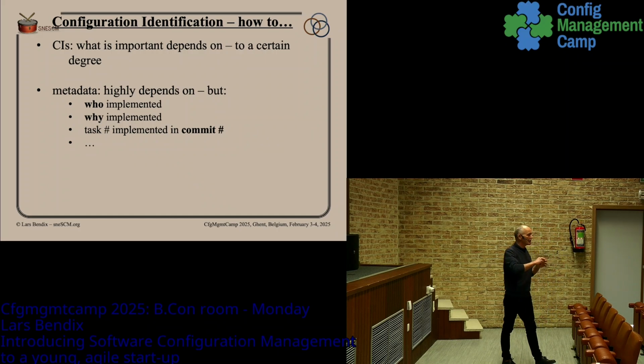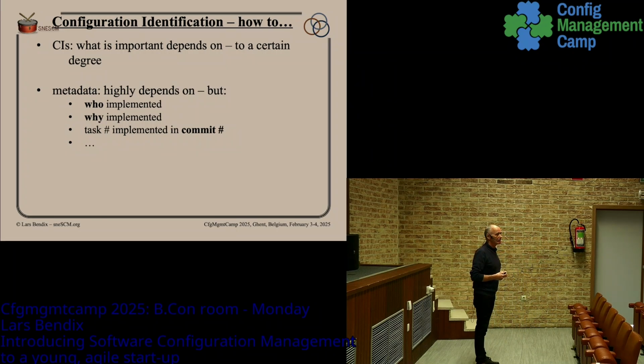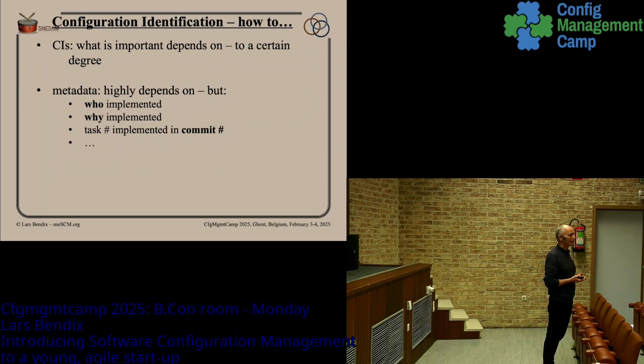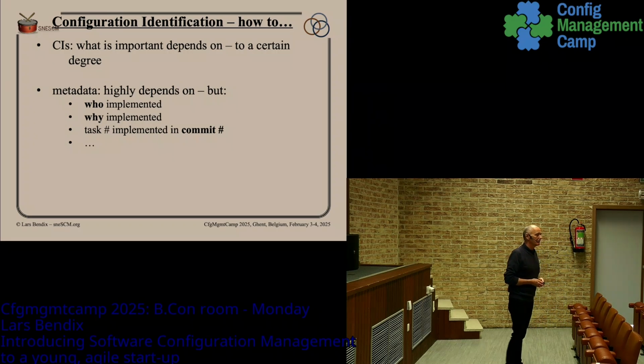So we want to have relations to the change request, and we want to have attributes, so we want to have a real database. And Linus Torvalds never intended Git to be a database tool with attributes and relations.